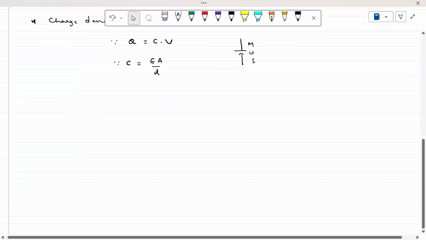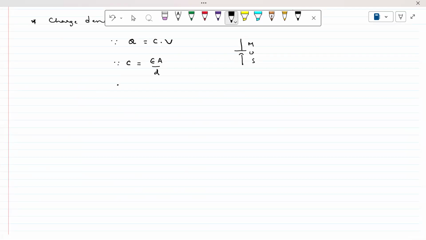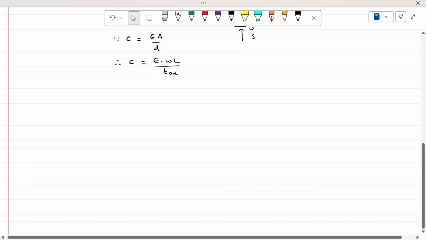According to this MOS structure, C is epsilon times the area, and the area of the capacitor is length times width, so width times length, divided by the distance between the two plates, Tox. The thickness of the oxide is nothing but the distance between the two plates. Right? Now, look at this one.